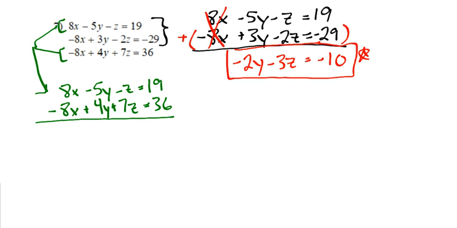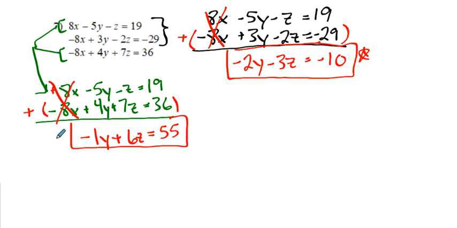And again, they have opposite signs. The 8s have opposite signs. This is positive, so I'm going to add. And when I do that, the x's cancel out again. They are eliminated. So negative 5y plus 4y, that's negative 1y. Negative z plus 7z, 6z. And 19 plus 36 is 55.